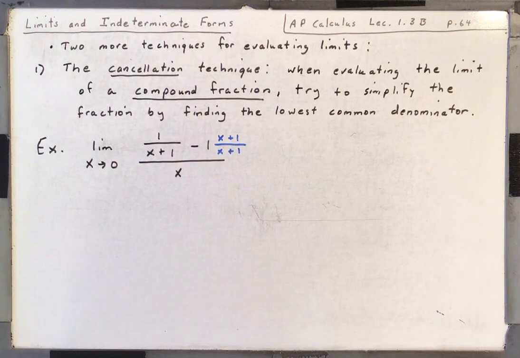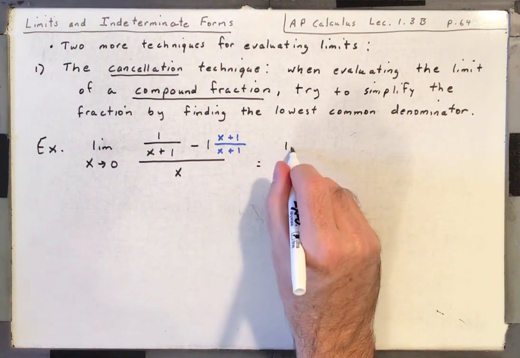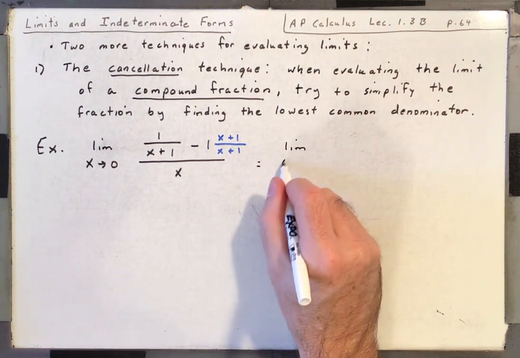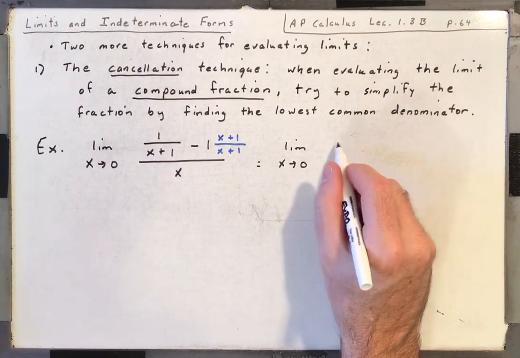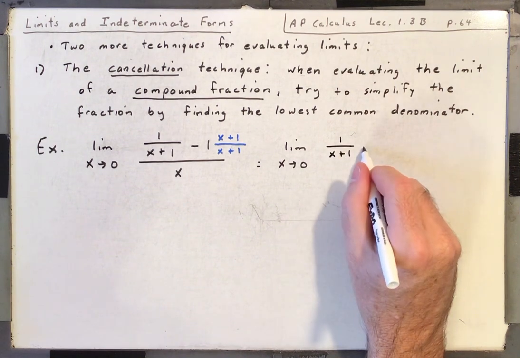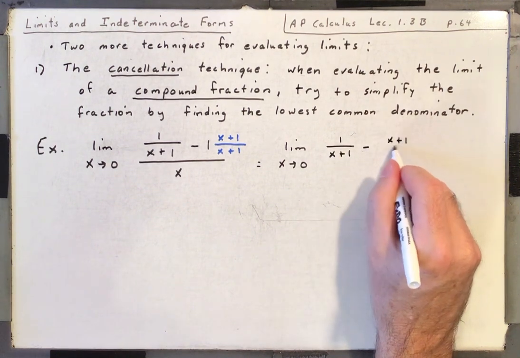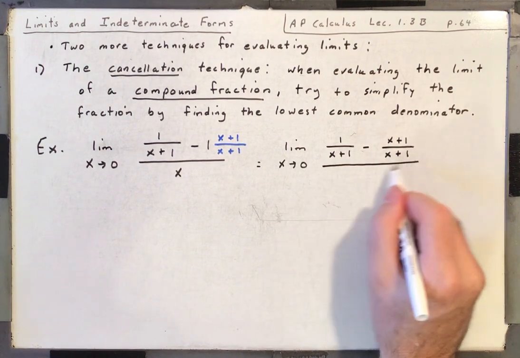X plus 1 over x plus 1 is 1. So that's going to be the limit as x approaches 0 of 1 over x plus 1 minus x plus 1 over x plus 1, over x.